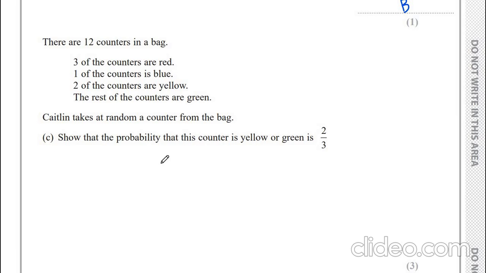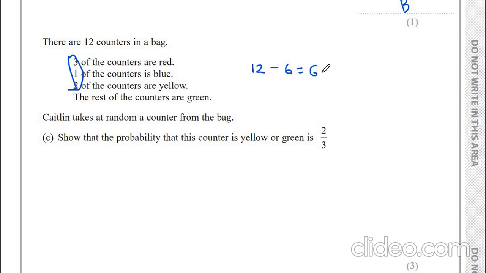So the probability that the counter is yellow or green. Well, we have 2 yellow counters. Now we need to figure out how many are green. Well, it's 12. Take away all of these. That is 12. Take away 6.